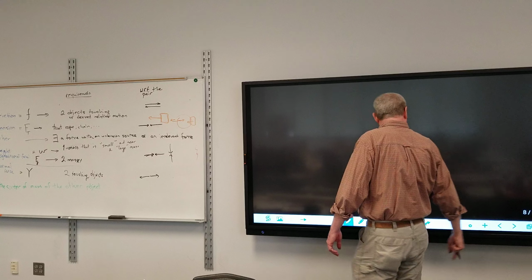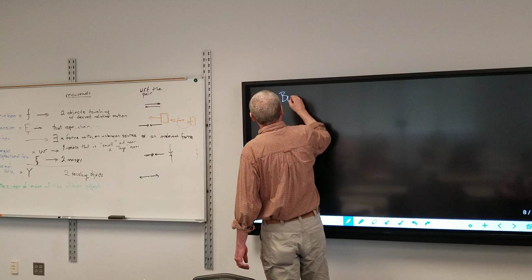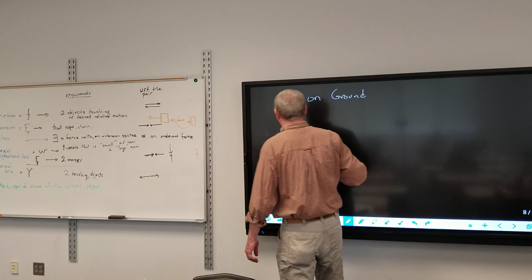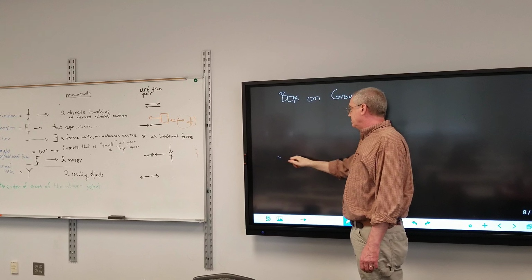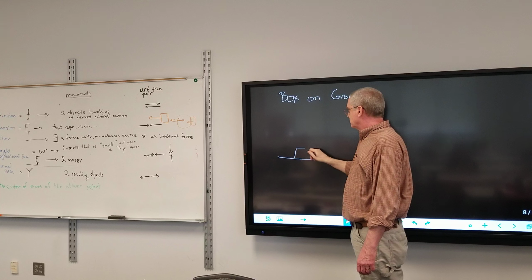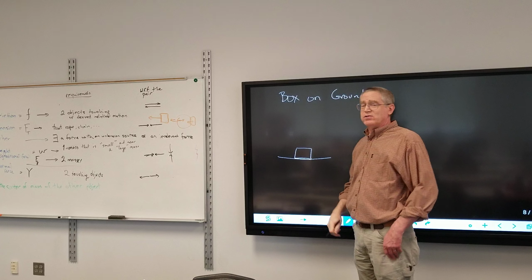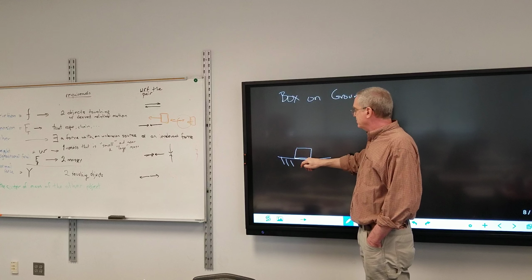All right. Box, ground. First, I'm gonna draw a picture of what's going on here, in case you weren't quite sure what a drawing of a box on the ground would look like. Let's establish ground.